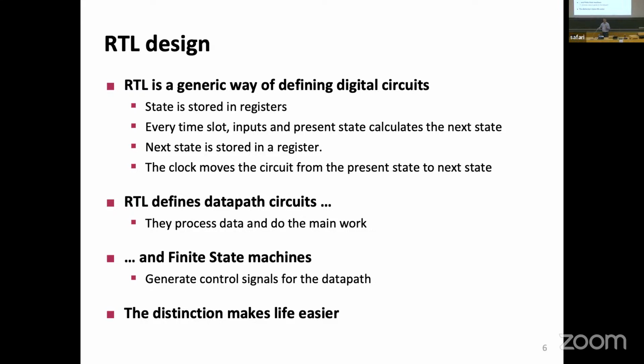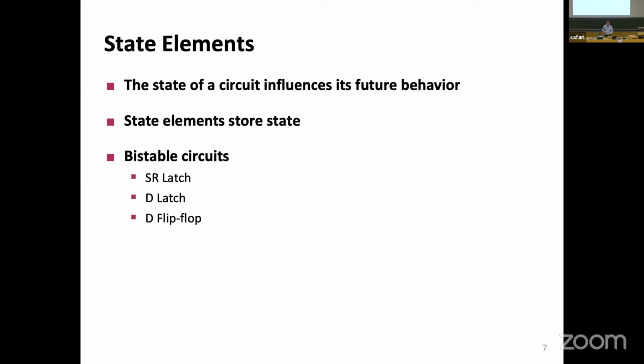As I said, knowing the distinction is not so important, maybe, but it helps you designing circuits much, much easier. Now, it is hopefully clear at this moment that the most interesting thing we have to learn is, how can I store the state?